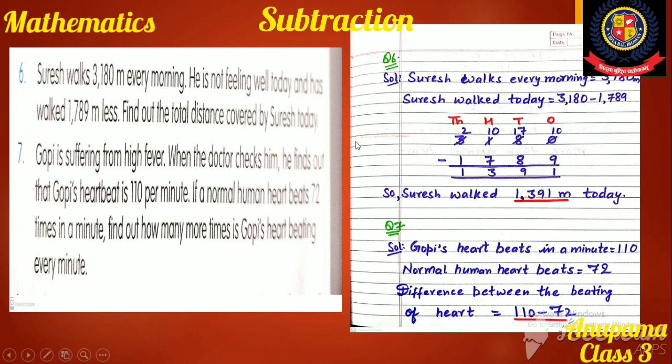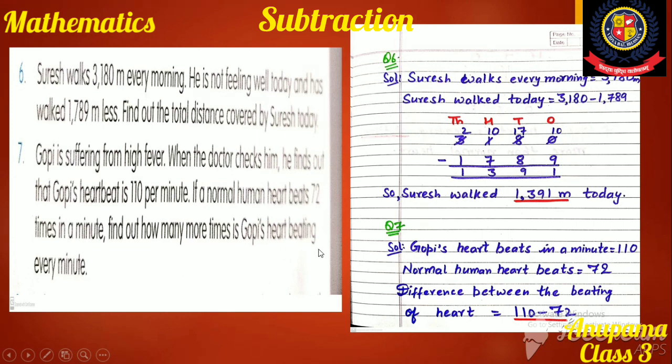It was question 6. Question 7 is: Gopi is suffering from high fever. When the doctor checks him, he finds out that Gopi's heartbeat is 110 per minute. If a normal human heart beats 72 times in a minute, find out how many more times Gopi's heart is beating every minute.